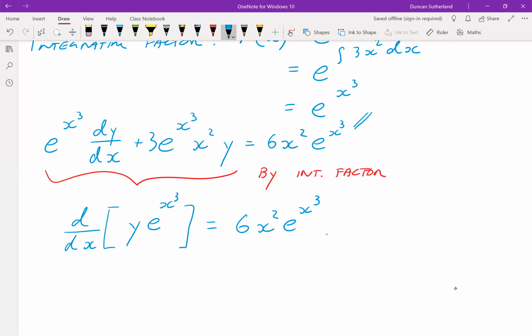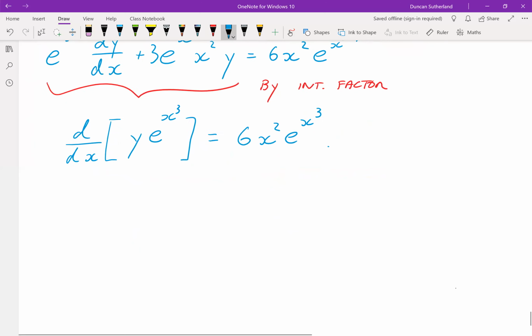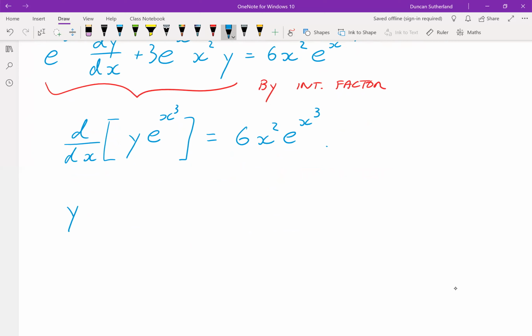Now that means we can integrate both sides with respect to x and simplify. Integrating the left-hand side with respect to x just removes the derivative.